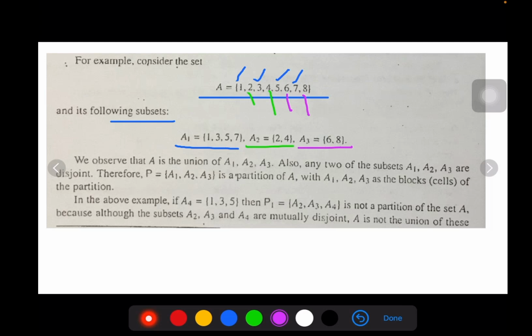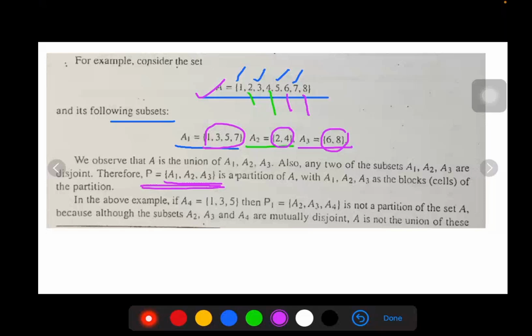Now you can observe here, each one is distinct. Yes, there is no common element among all of these. And if I take the union of all these three, yes, it is obviously going to give us A itself. Therefore, you can call P a partition of A. You can write the partition as P equals A1, A2, A3. It's a collection of blocks, a collection of subsets.